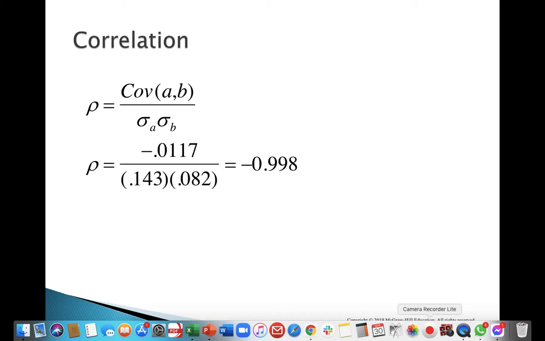What should be in a portfolio? Zero correlation or negative correlation securities will give the benefit of diversification. How? For example, here you have a stock fund and a bond fund, and they have a correlation of minus 0.998. That means if one fund is going up, the other fund is going down. So in total, when you average, your return is very normal.